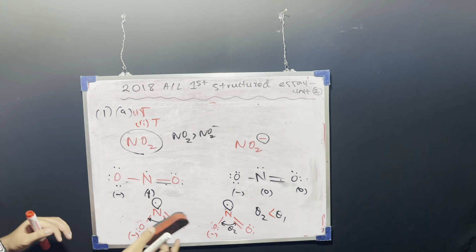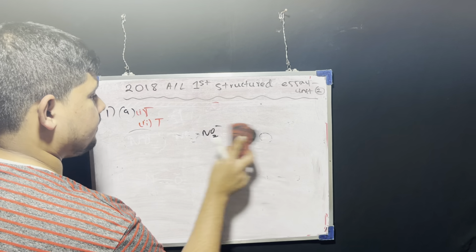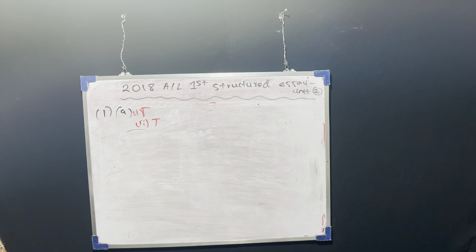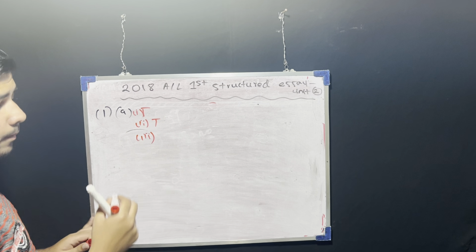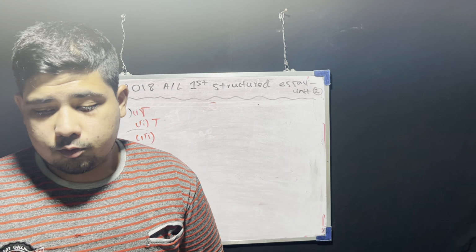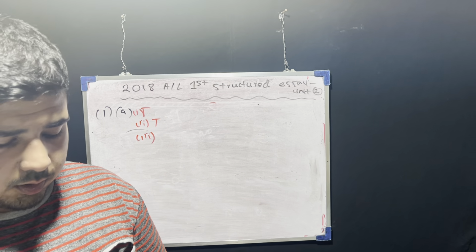Okay. Now we'll see Roman number 3. The London dispersion forces among CCl4 molecules are smaller than the London dispersion forces among SO3 molecules.